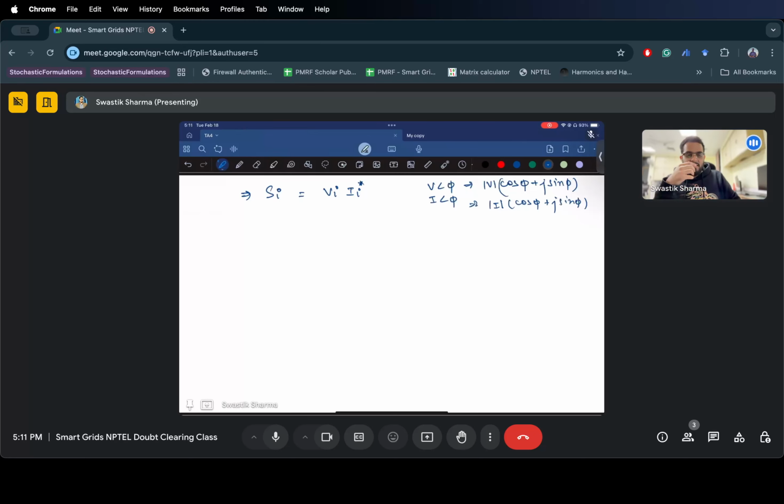When I say you need only V, let me tell you how. Let's say I, so how can you represent the current injected into a bus? When you know the network you are operating, you can easily get your bus admittance matrix.